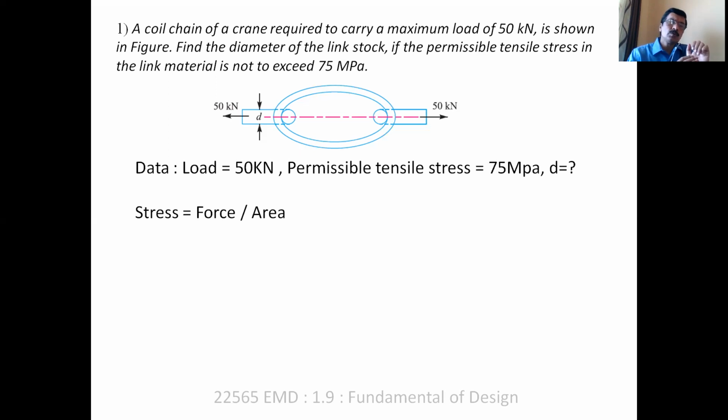Now as we know, stress is equal to force divided by area. Here the stress is tensile stress, force is 50 kilonewton, and the area is the circular one. So for the circular area, pi by 4 d square is our simple formula. So if it is pi by 4 d square, we can put that area, force divided by area, and stress value to get the value of d.